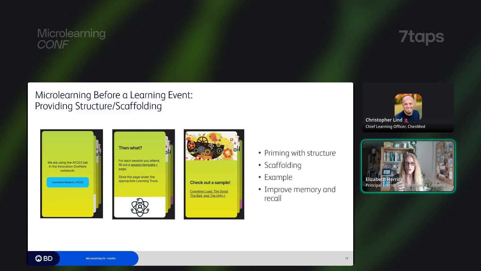By driving them to look at that template before the conference and the sessions, it gave them scaffolding in their mind so that when they're sitting in the session, they could better organize and encode the information that they're hearing so that they'll be able to remember it better. So they have that structure in mind. I also gave them an example here so they could see what good looks like. And again, lots of links straight to those pages because I want them to go look at those and get that priming.